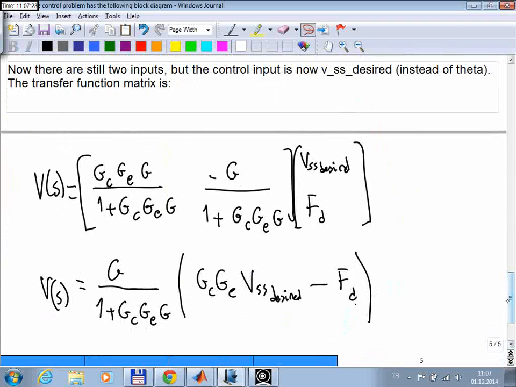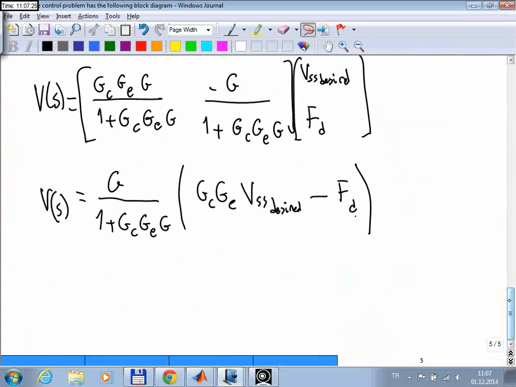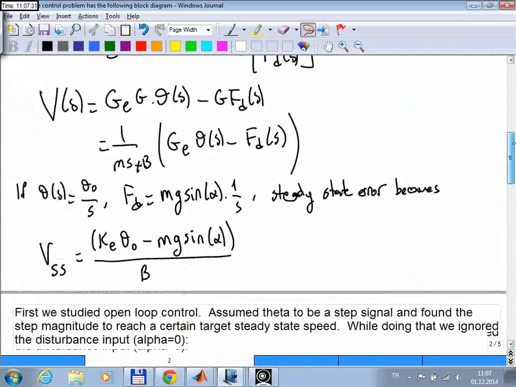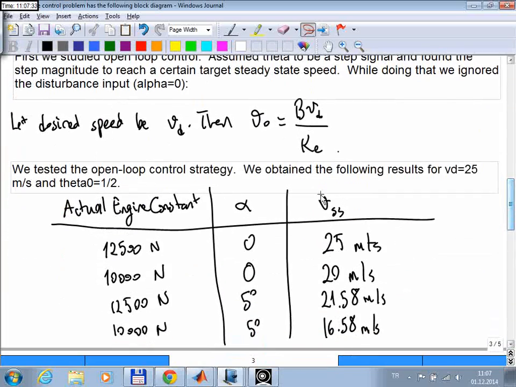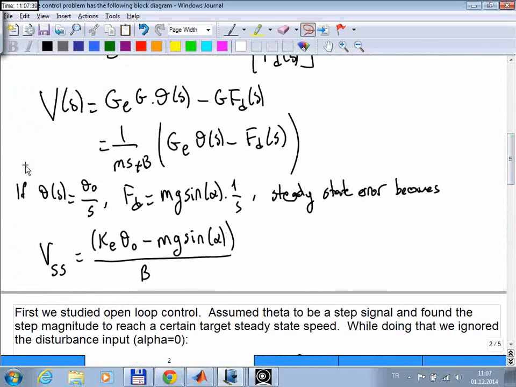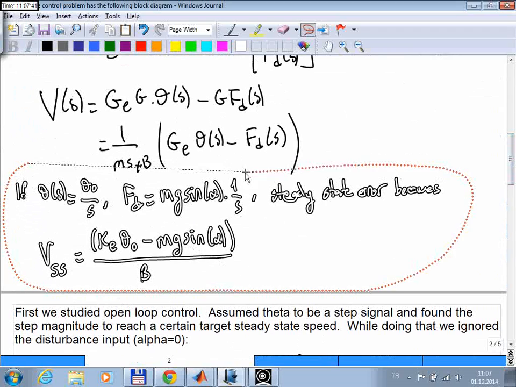Okay, and so to check the performance, we consider steady state speeds, right? So let me just tell you what the steady state speed is for the closed loop case.